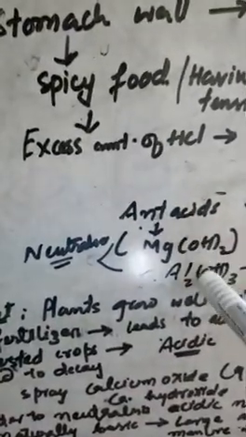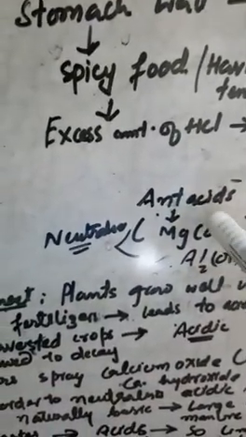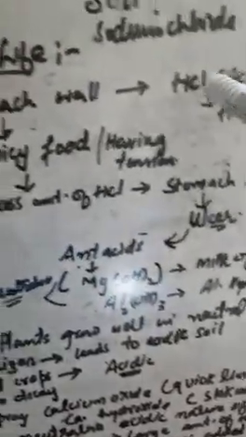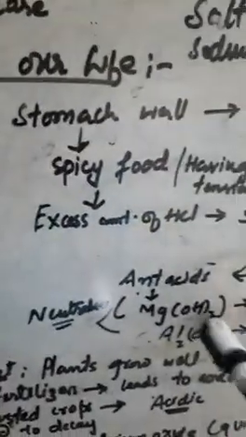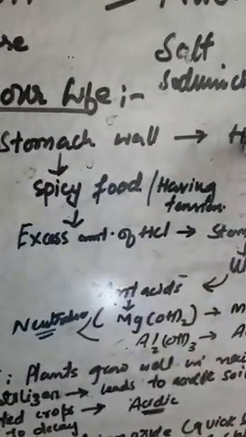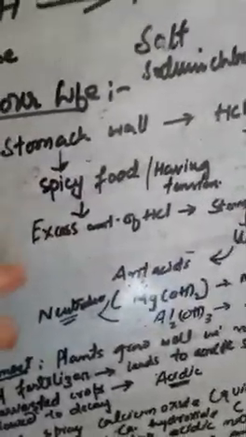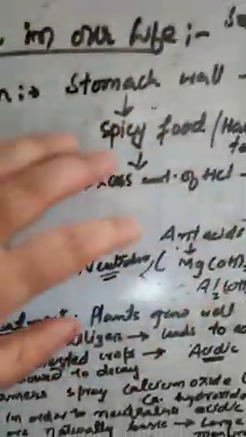These are present in antacids. These antacids are given to neutralize the effect of HCl. So here also the neutralization reaction takes place. These antacids neutralize the hydrochloric acid, and this stomach acidity is relieved. This stomach acidity is treated by these antacids, which are bases.